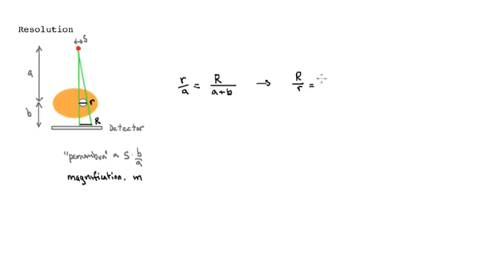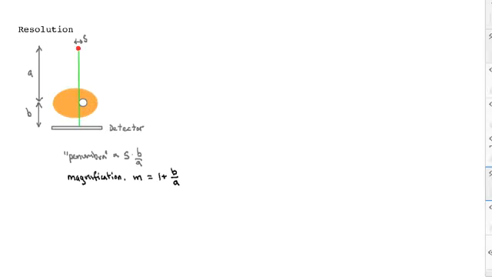Big R over little r equals A plus B divided by A. And I can simplify that: 1 plus B over A. And this thing here is called the magnification, or mag. So let me rewrite it down here. So you'll see that mathematically and geometrically, these quantities are related to each other.